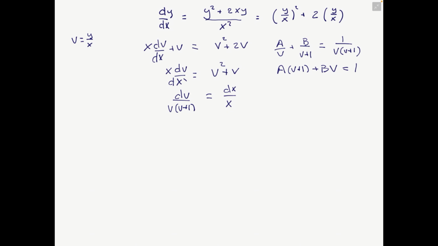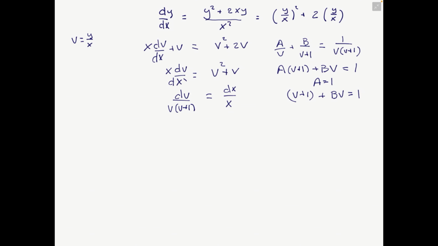Now if we choose v equals 0, we get A equals 1. So in that case, we end up with v plus 1 plus Bv equals 1.